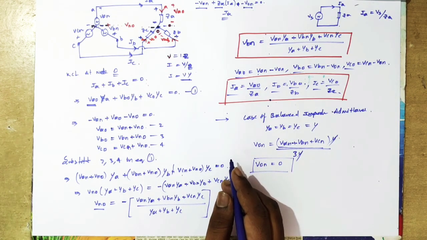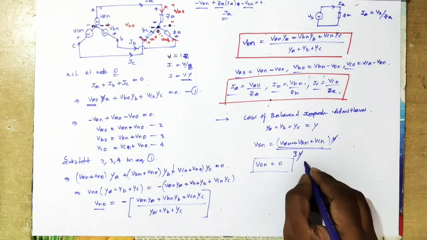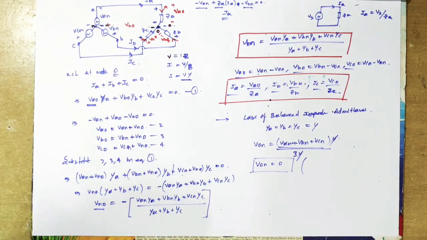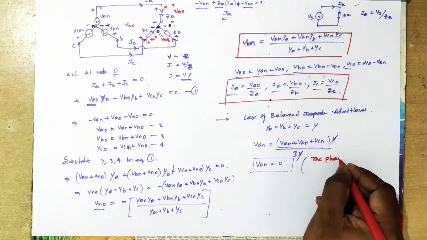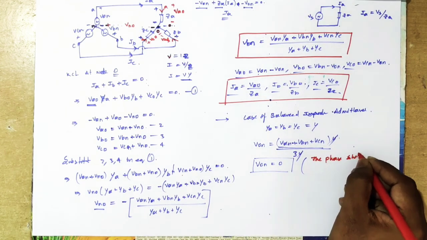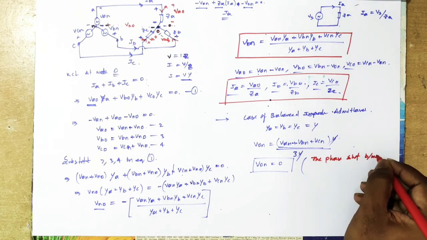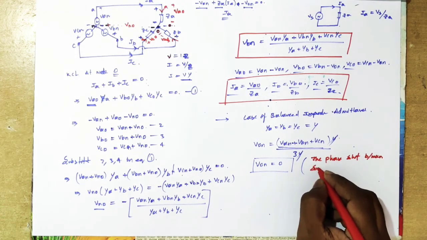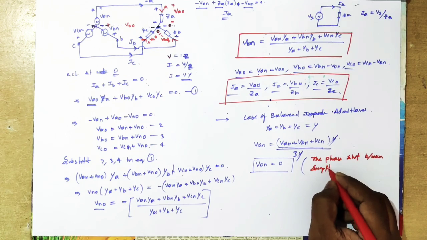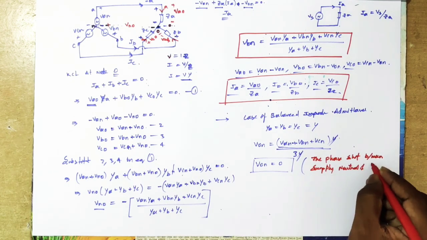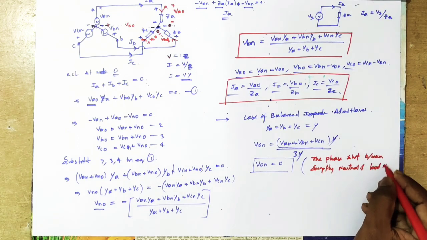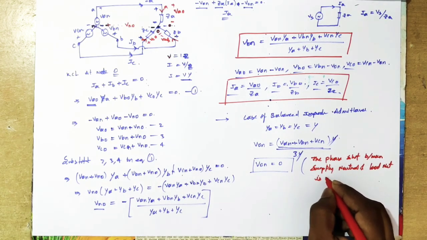Okay, so we note that the potential between supply neutral and load neutral is 0.